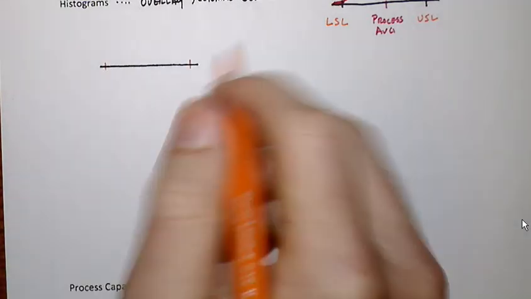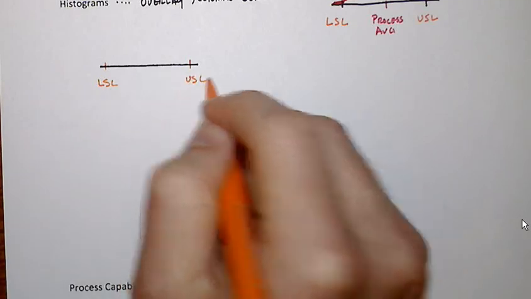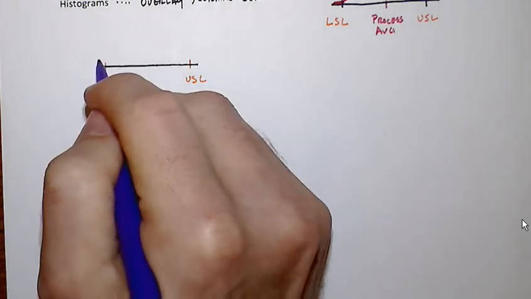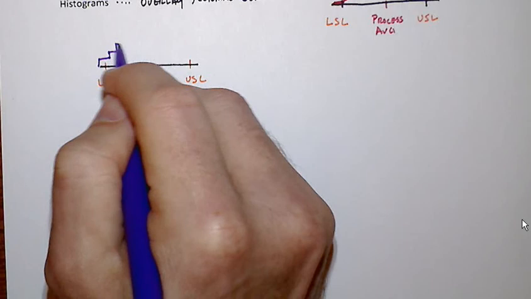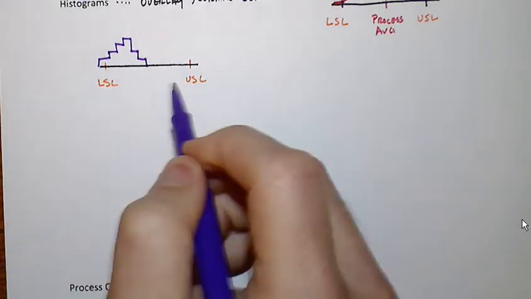So let's look at some other kinds of situations that oftentimes come up when we plot our various histograms here. And so it might turn out, now I'm just going to do an outline of the histogram, and note that in this case it's been shifted over.